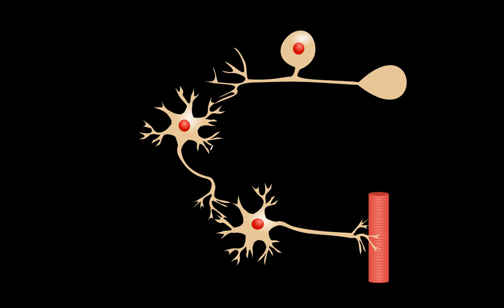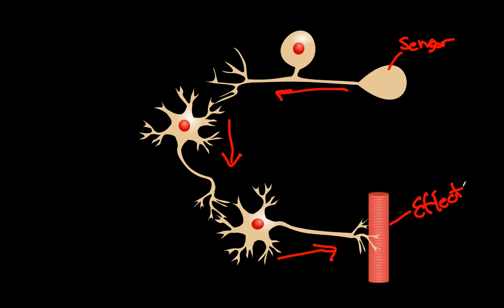Now this is getting back to the basic organization of the nervous system. You will have information collected from some sort of sensor, which will then be passed along a neuron, passed to another neuron that will pass that along to a final neuron that will carry that back out away from the nervous system to some sort of effector, like this muscle that we have right here.